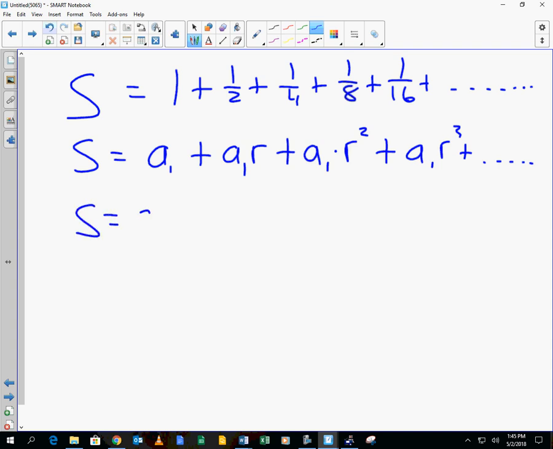Okay, well, I'm going to just carefully do this. I've got a sub 1 plus, notice all of these have what do they share in common? They share a sub 1. Now, I know that this is the trick, but they also share what? R, okay?